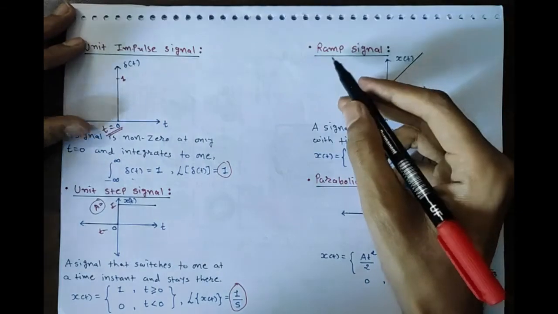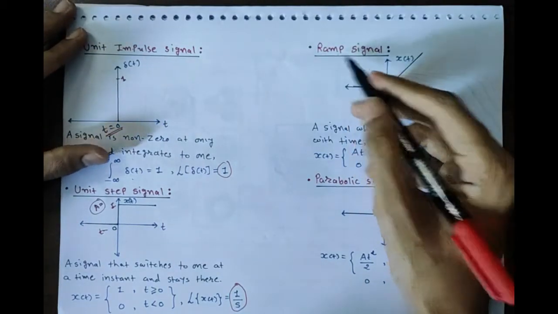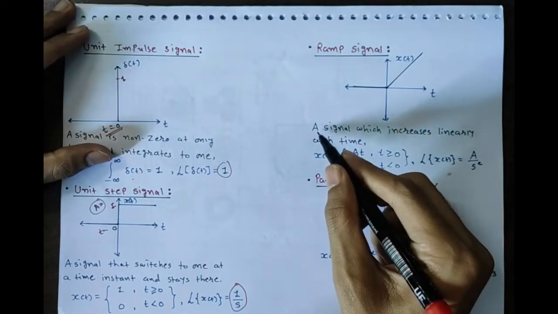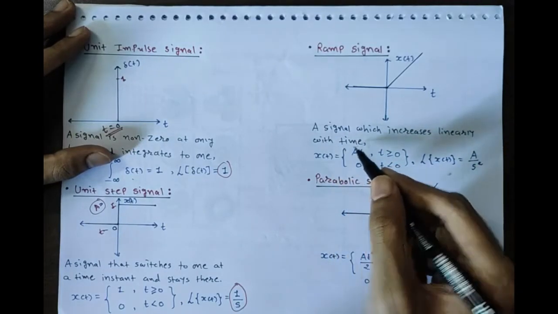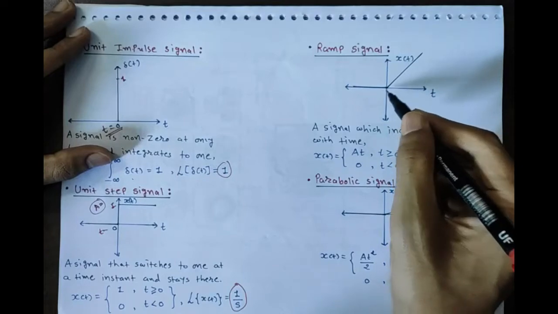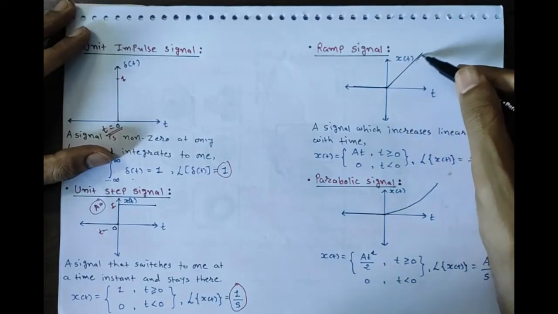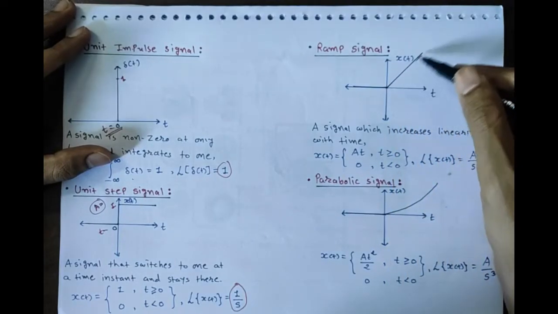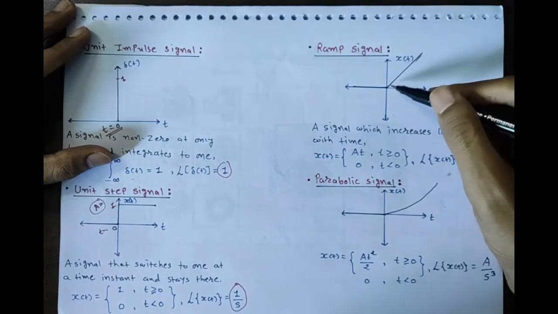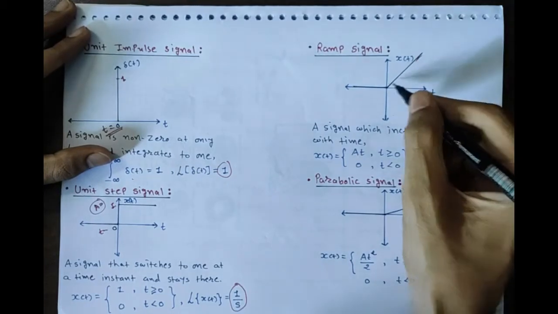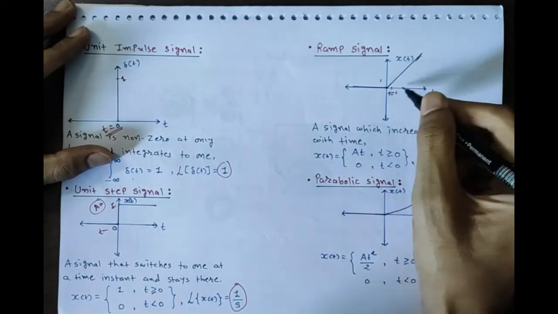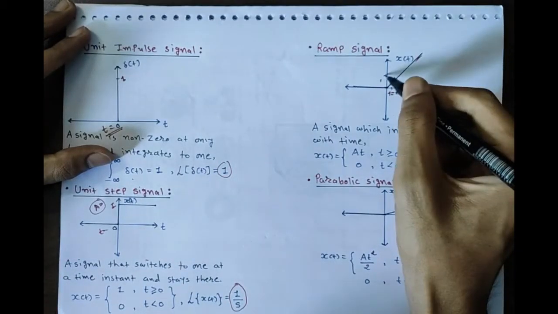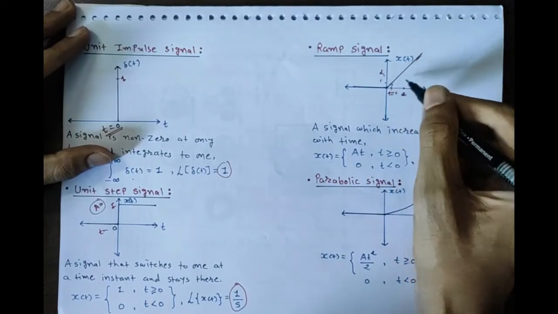The third signal is the unit ramp signal, or we can say the ramp signal only. A signal which increases linearly with respect to time. You can see for time t greater than or equal to 0, the input signal is going to increase linearly. So let's say for time t equal to 1, the value is 1, and for time t equal to 2, the value is 2.